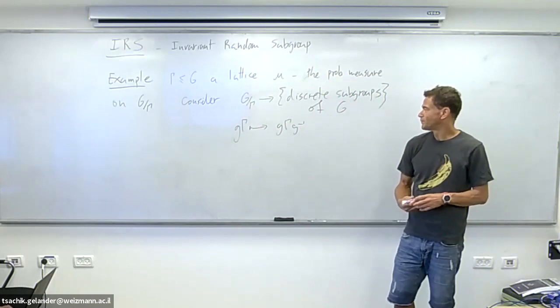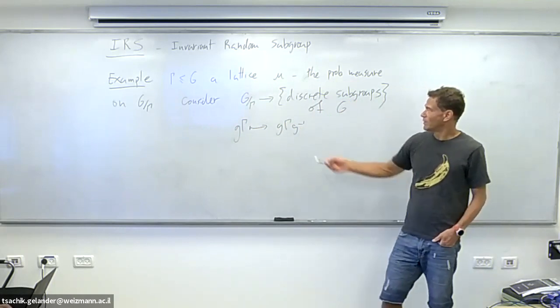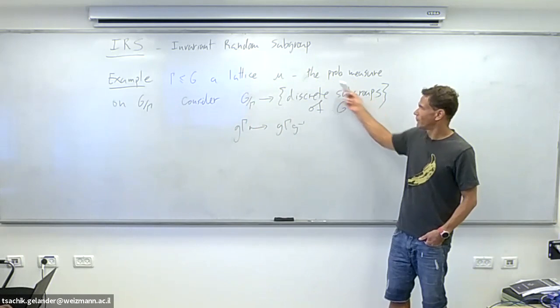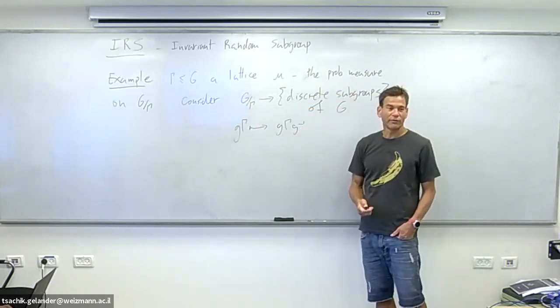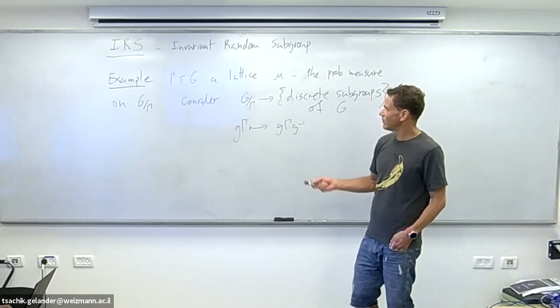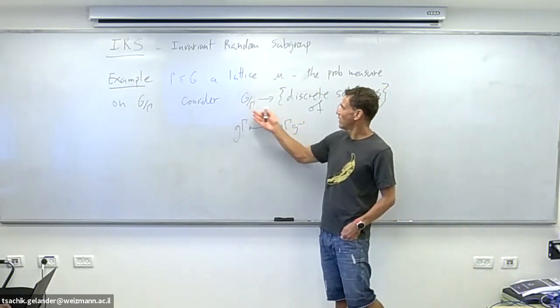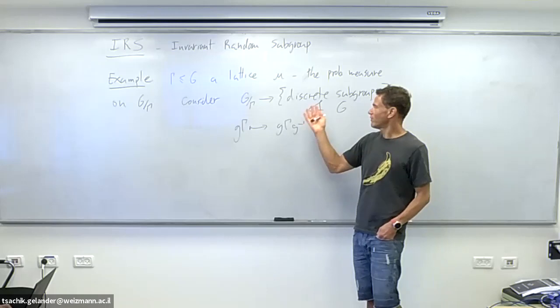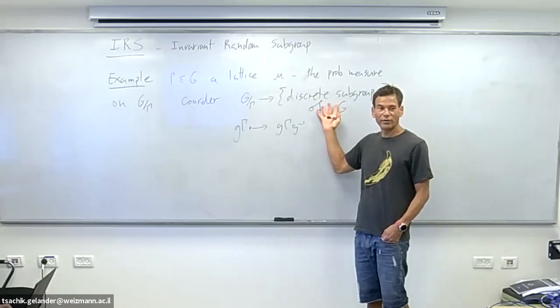Okay, the image is much smaller than the space of all discrete subgroups, it's just a conjugacy class of gamma. But you can make it sensible, there is a nice topology here.